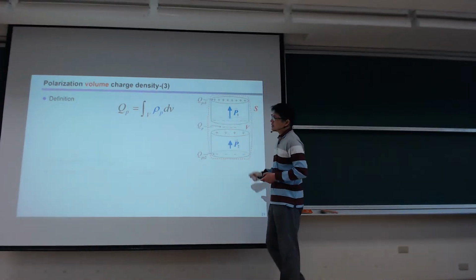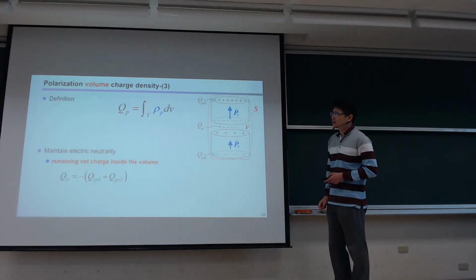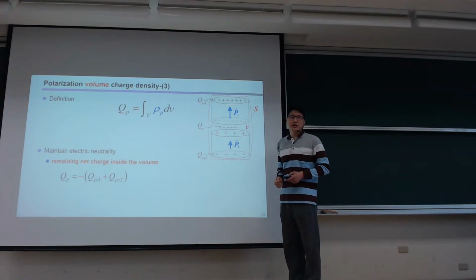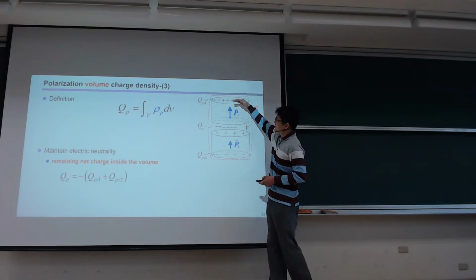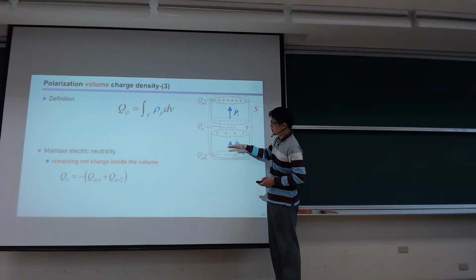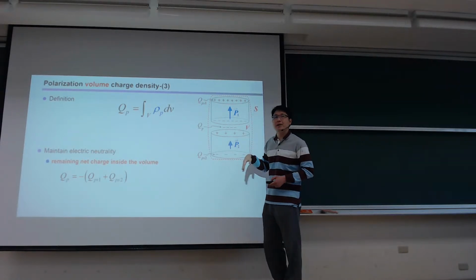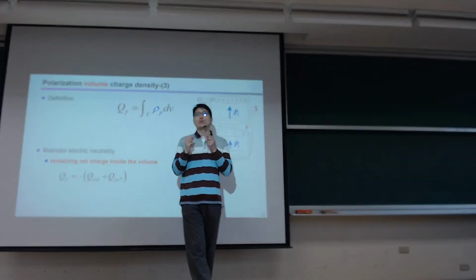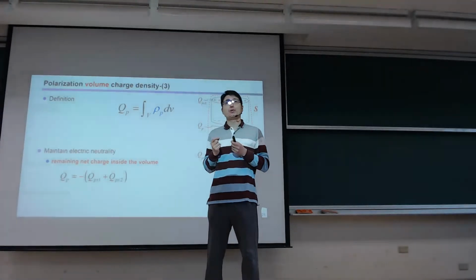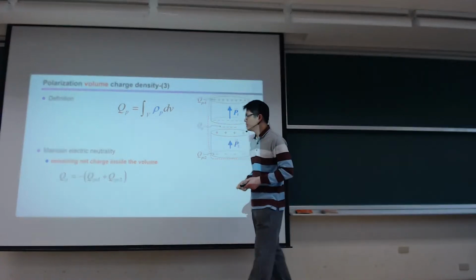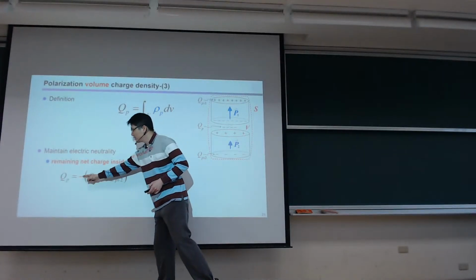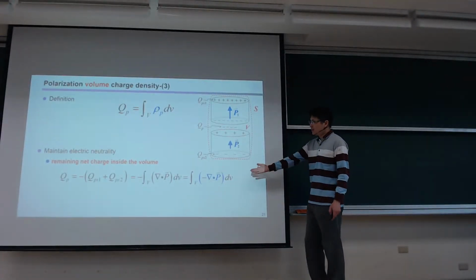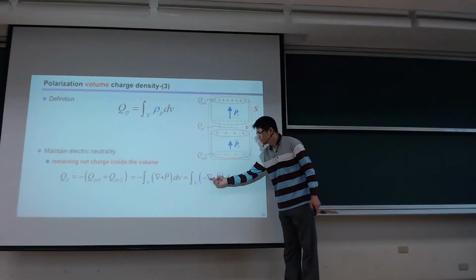Okay, so in this case, my QP, the net charge, is the sum of my two surface charges, but I have to multiply by a negative sign to maintain charge neutrality. Okay, so I need to take account of the negative sign. And that is simply negative divergence P.